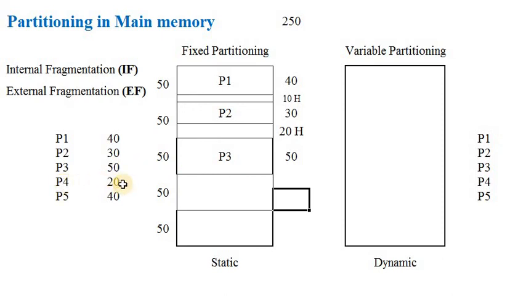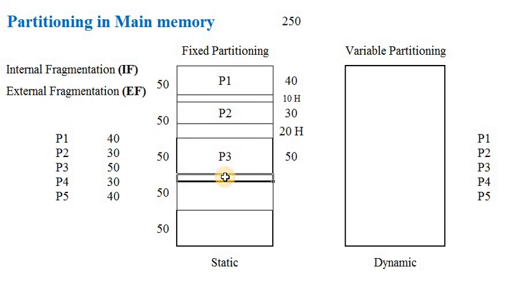Now let us allocate the next process. What is the size of the process here? 20. So let me make it as 30. So here the size of the process is 30, and 30 is less than 50. So can we allocate it directly or not? Yes, we can allocate. Why? Because the size of the process is 30, which is less than 50.